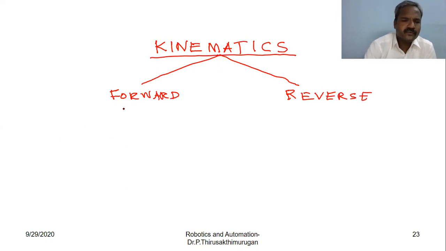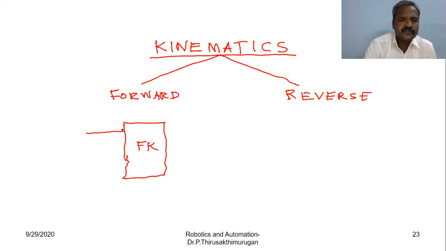Okay, see the robo. This is say forward kinematics. When we give inputs, the robo has different parameters, say the joint angles.